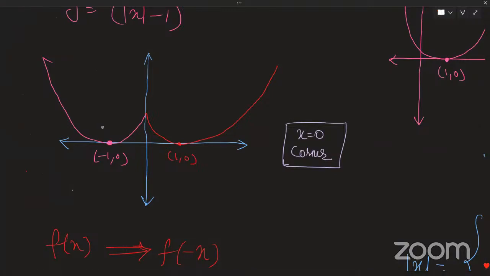Anyone who feels that this point over here is a corner? They are smooth, right? Because it is a parabola, and a parabola is a polynomial. Every polynomial is always continuous and differentiable.